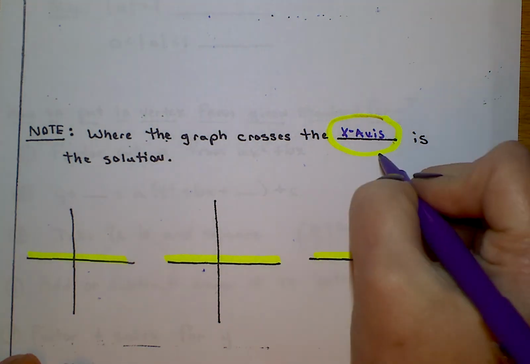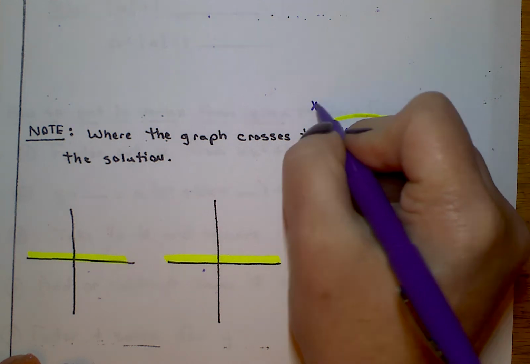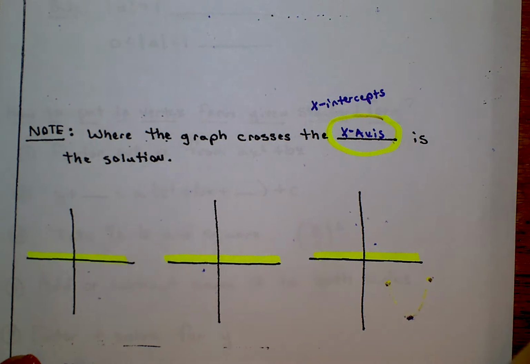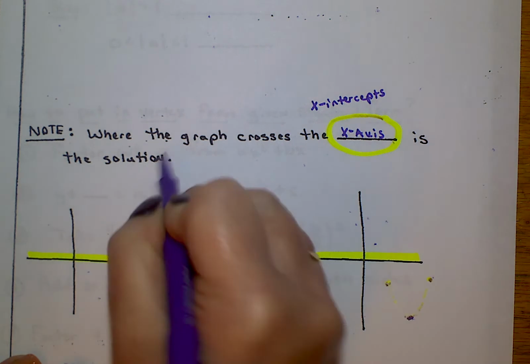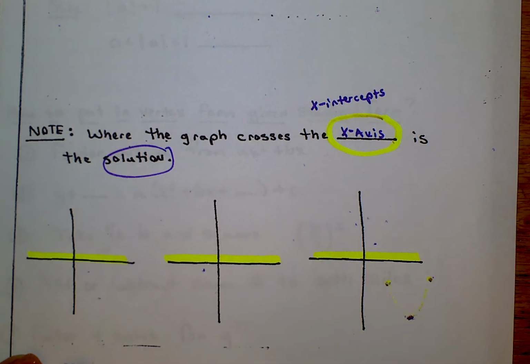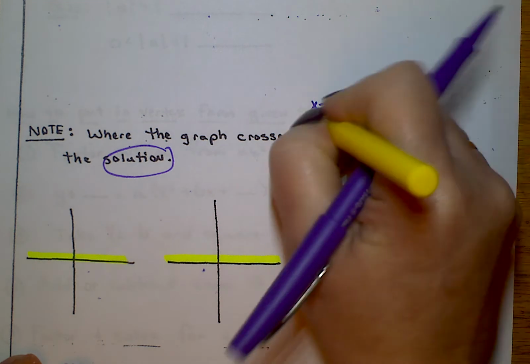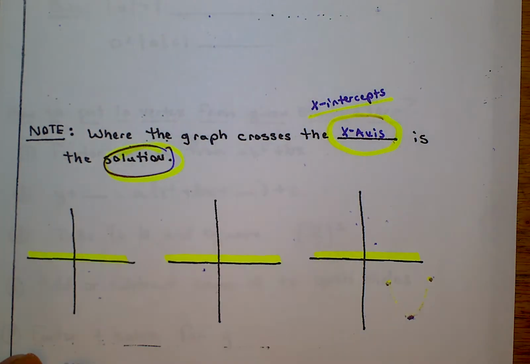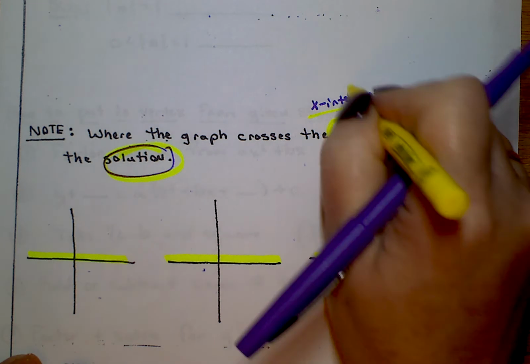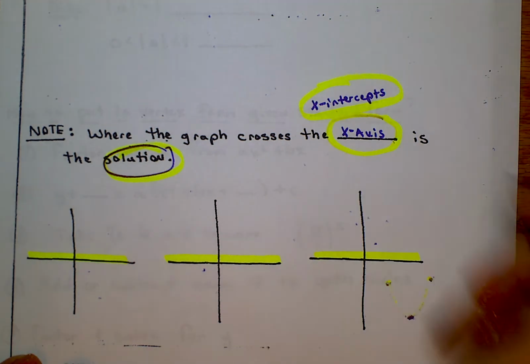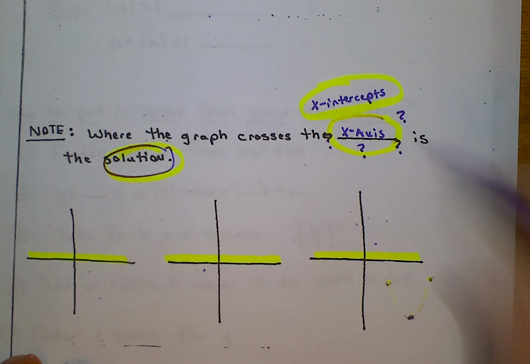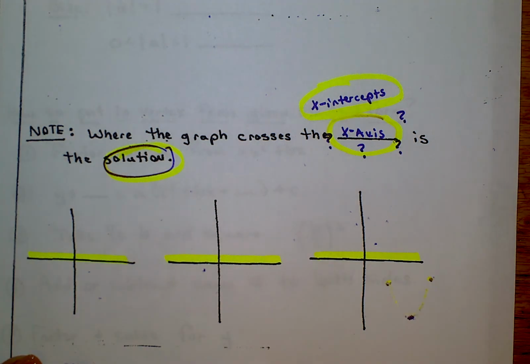There's some other words for that. It could be called x-intercepts. So it might say, what are the x-intercepts? It might say, what are the solutions? Those words mean, where is the parabola crossing the x-axis? That's going to tell you the answer.